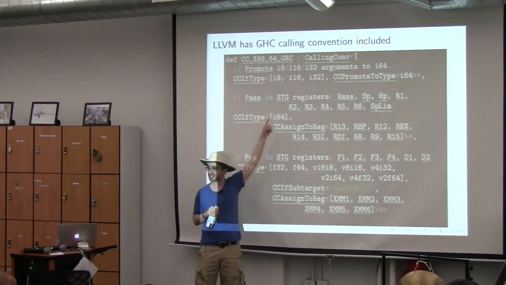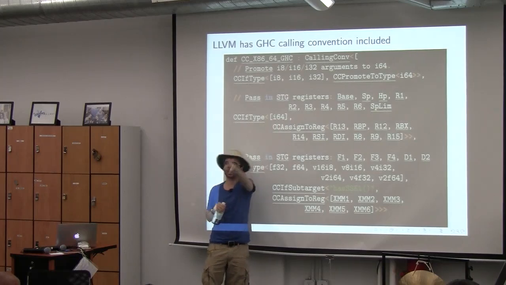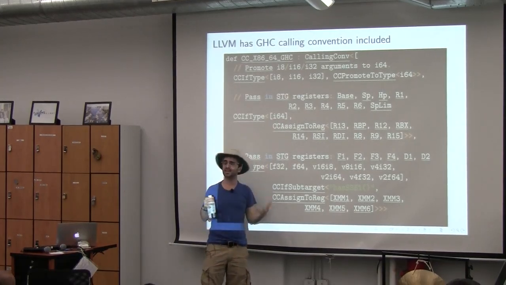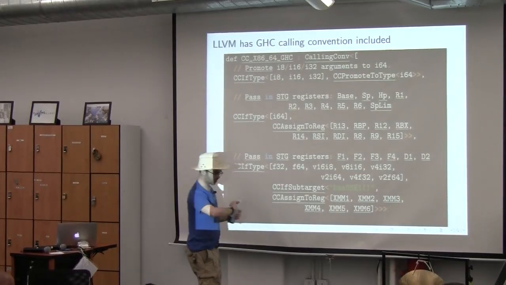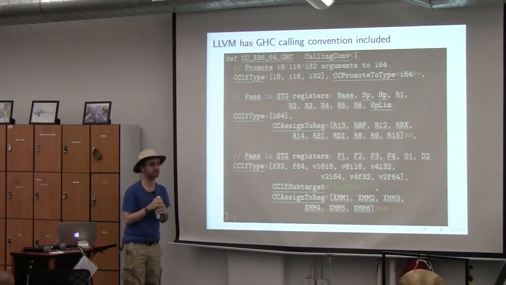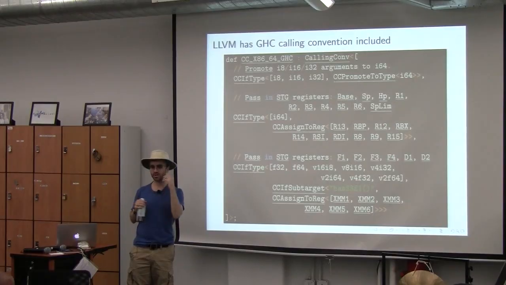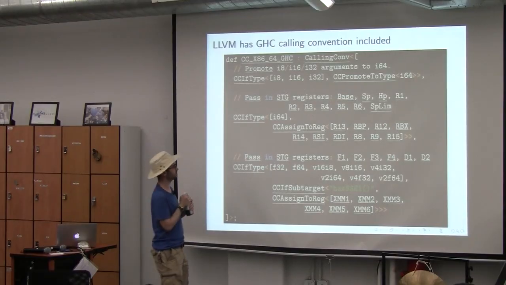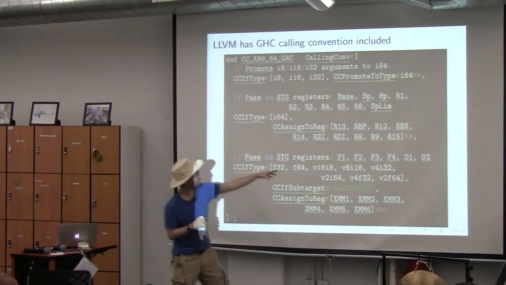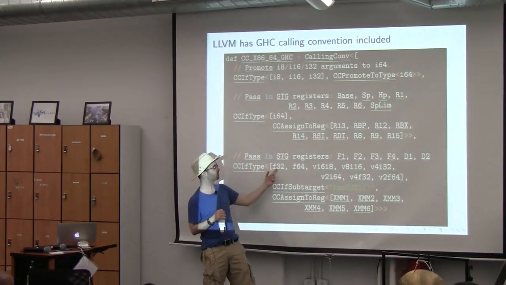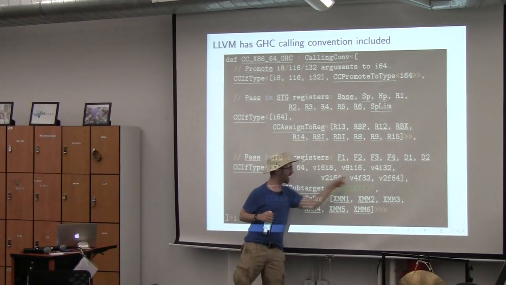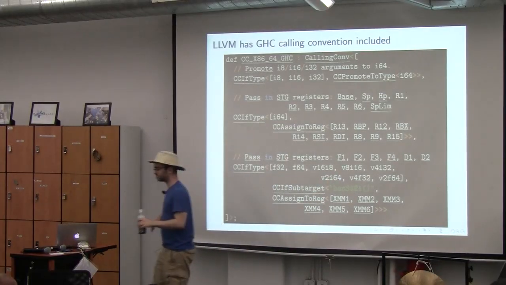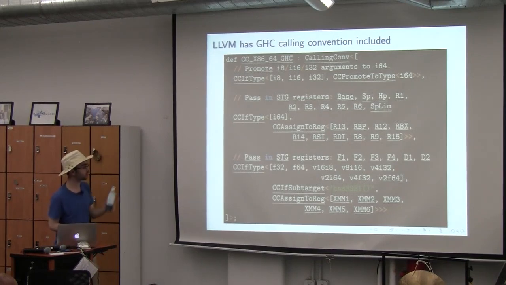This is STG, the spineless tagless G machine. Gershon was alluding to this earlier. STG is sort of a low-level graph reduction substitution model for a lazy functional language. You can turn it into things that look suspiciously like C. And then you'll see float 32-bit, float 64-bit, and then these guys are things that you can actually use as normal Haskell values-ish come GHC head if you can figure out how to compile it now, or this fall.